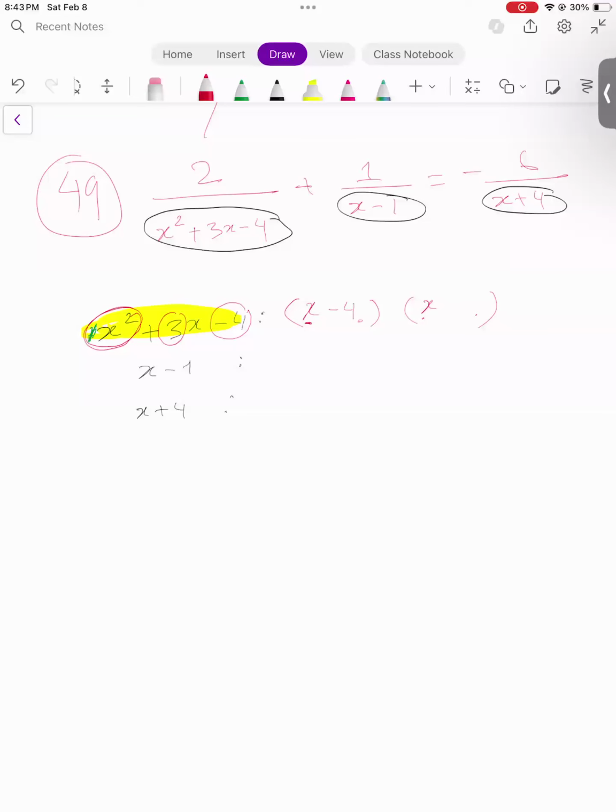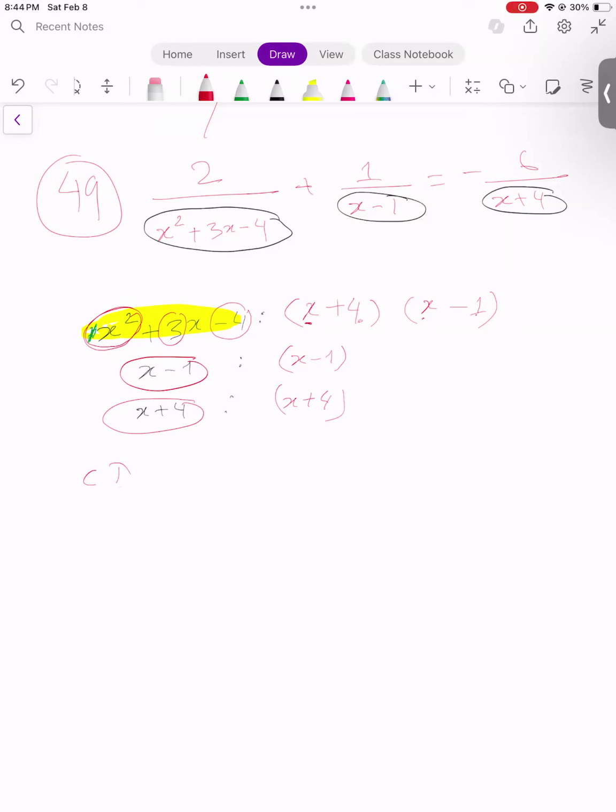Negative 4 times positive 1 is negative 4, and negative 4 plus 1 is, oh, no, not negative 4. Positive 4 and negative 1. Okay, positive 4 times negative 1 is negative 4. Positive 4 plus negative 1 is positive 3. Now, x minus 1 is already in the simplest form. We can't factorize anymore. So x minus 1 itself is a factor. This is also in the simplest form. So x plus 4 is a factor of itself.